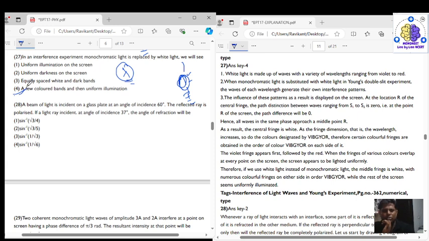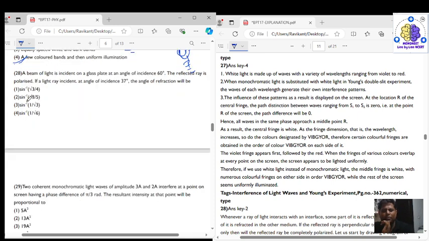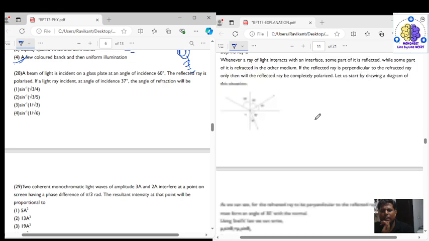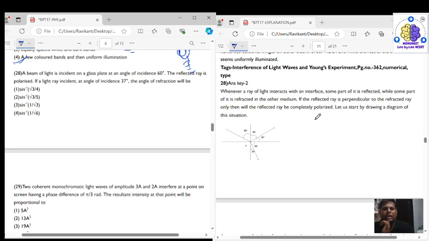Now let's come to question number 28. Question number 28 says that a beam of light is incident on the glass plane at an angle of incidence of 60 degree. Now the reflected ray is polarized. If a light ray is incident at an angle of 37 degree, the angle of refraction will be?